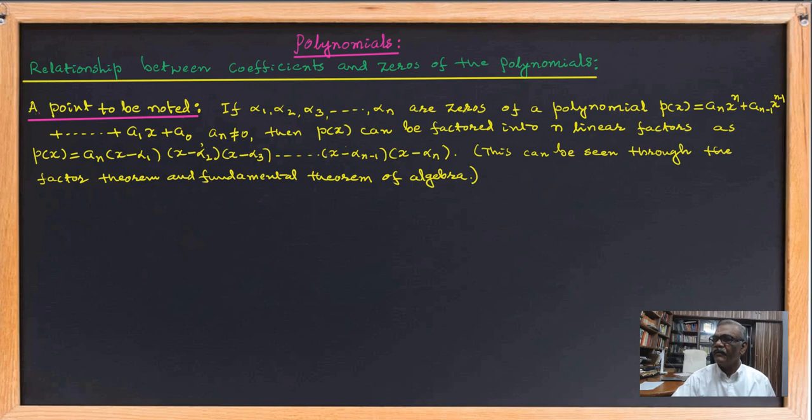If alpha 1, alpha 2, etc., alpha n are the zeros of the polynomial p(x) = a_n x^n + a_{n-1} x^{n-1} + and so on, plus a1 x plus a0, a polynomial of degree n, I mean the leading coefficient a_n is not equal to 0, then p(x) can be factored into n linear factors as p(x) = a_n (x - alpha 1)(x - alpha 2) ... (x - alpha n).